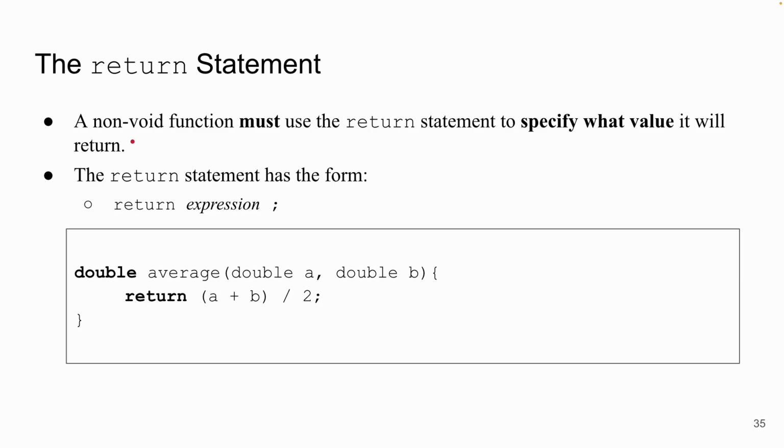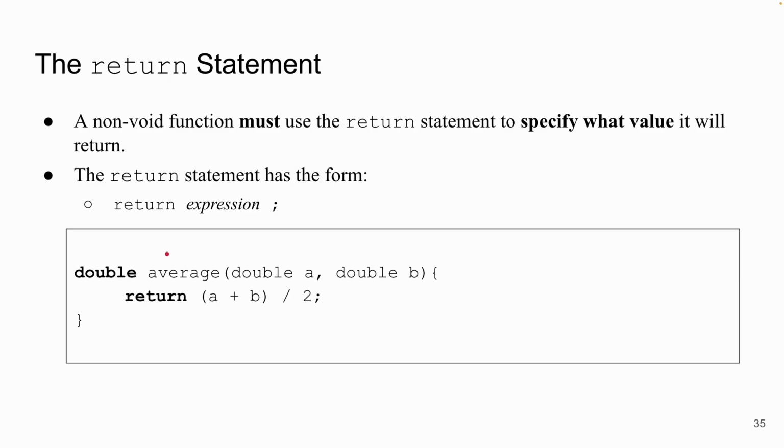If we have this kind of function, inside the body of this function we need to have a return statement to let the function know what value it should return. The general form of the return statement is pretty simple. We just write down return, then add any expression, and then the semicolon.